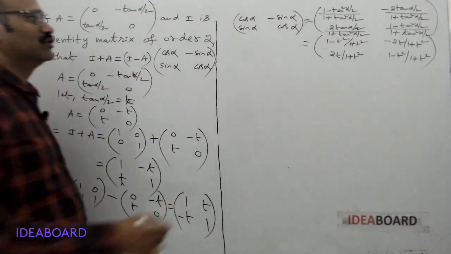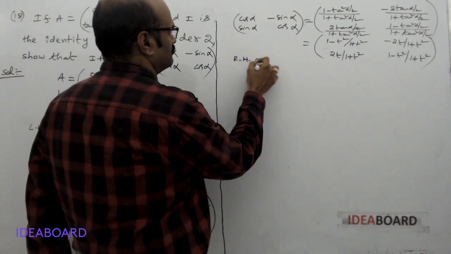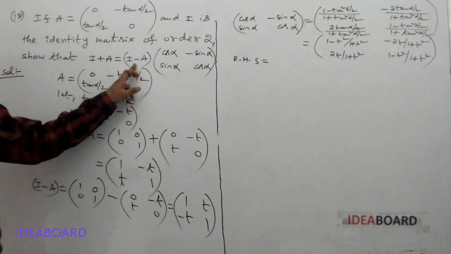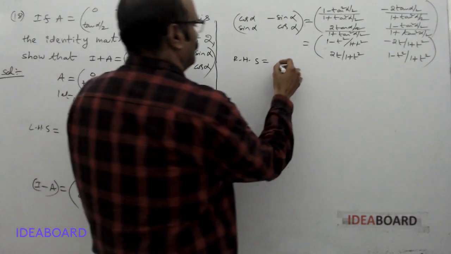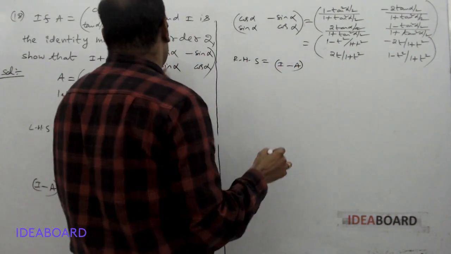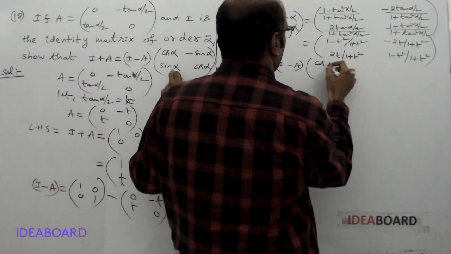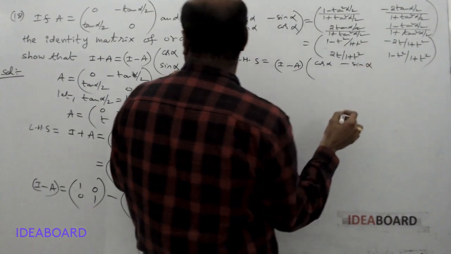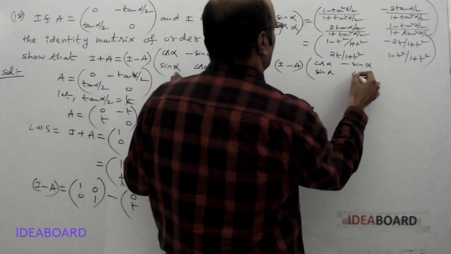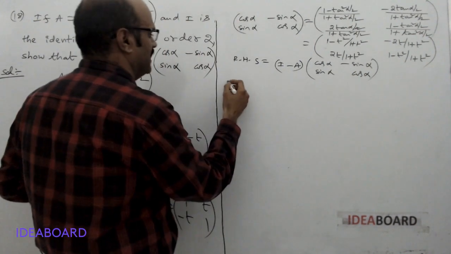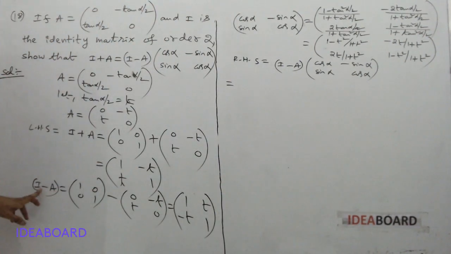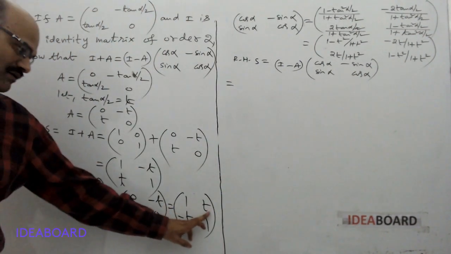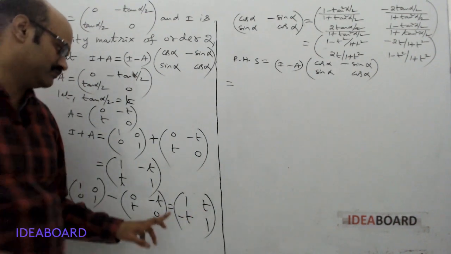Now RHS equals I minus A into the matrix cos alpha, minus sin alpha, sin alpha, cos alpha. It implies I minus A equals the matrix 1, t, minus t, 1.